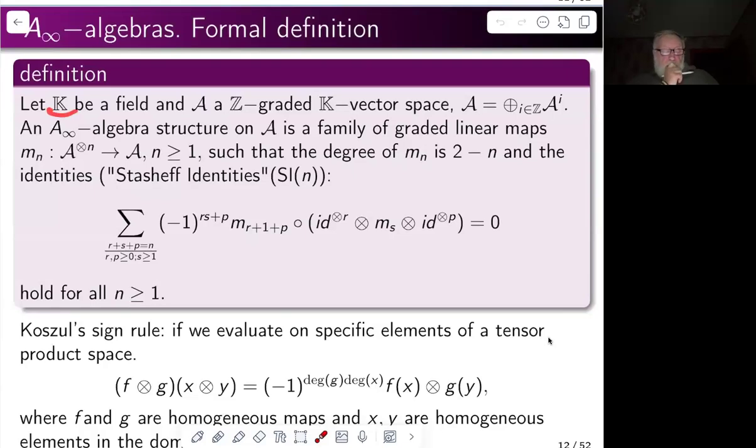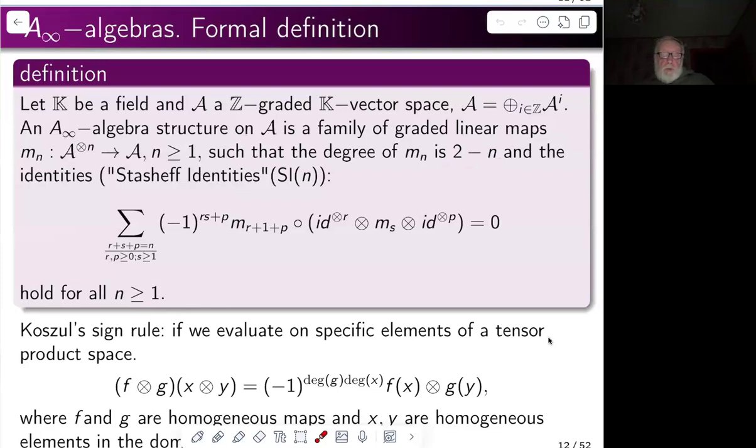Let's suppose that we have a Z-graded vector space A over a field K, and then an A-infinity algebra structure on this Z-graded vector space is given by a family of graded linear maps, which usually people denote m_n, from the tensor power A^{⊗n} to A, such that the degree of this map is 2 minus n.